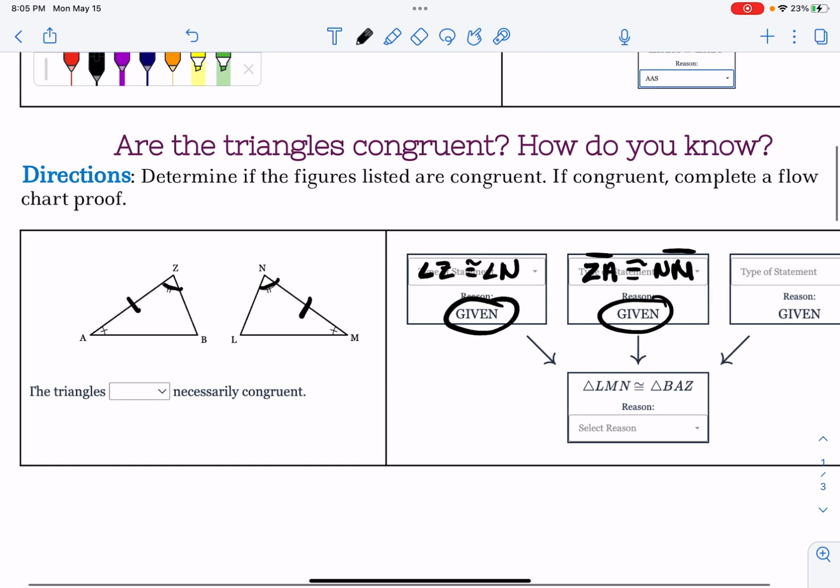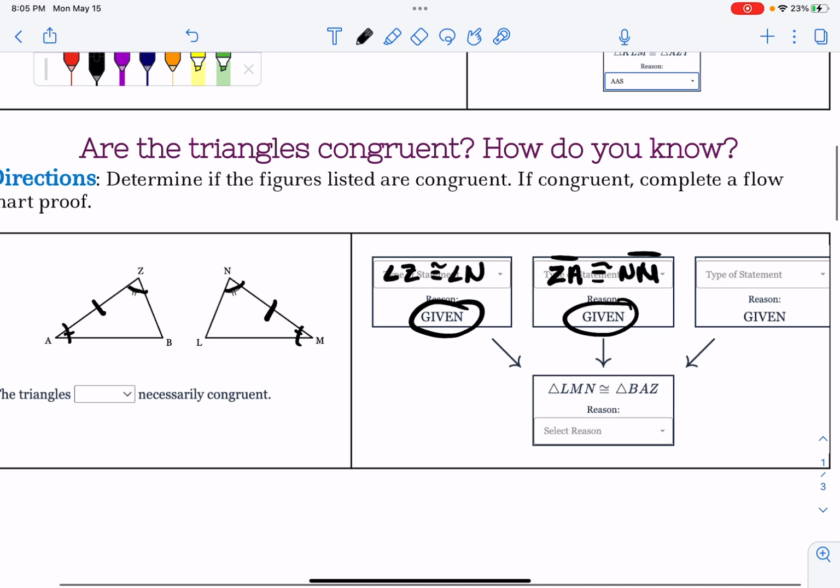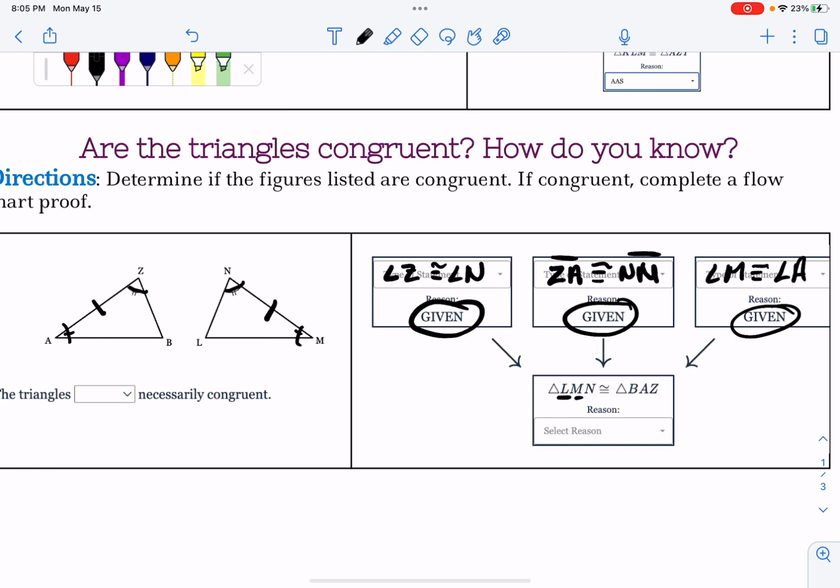And then lastly, I know that angle M is congruent to angle A. Angle M is congruent to angle A. And again, that information was given with the markings on the triangle. So what do we know? We know LMN is congruent to BAZ.